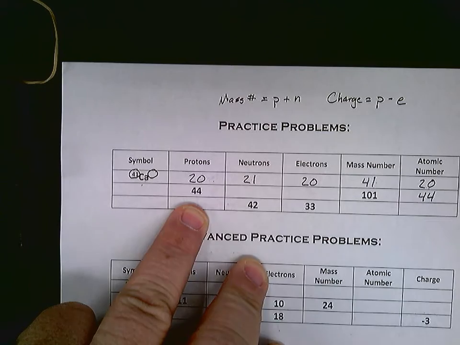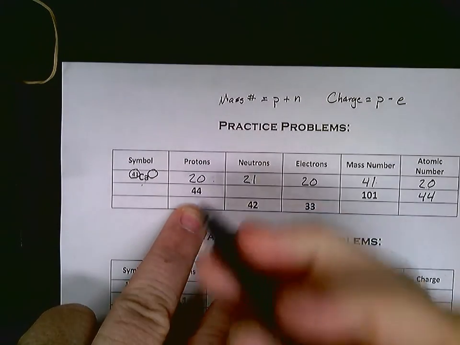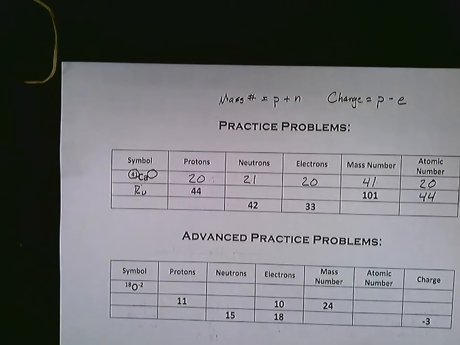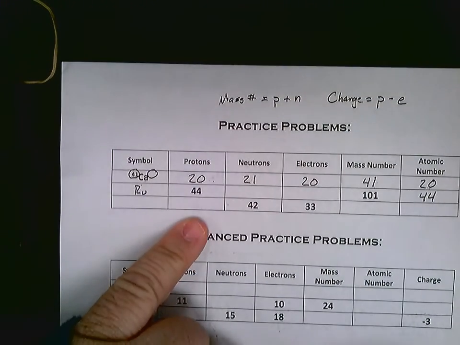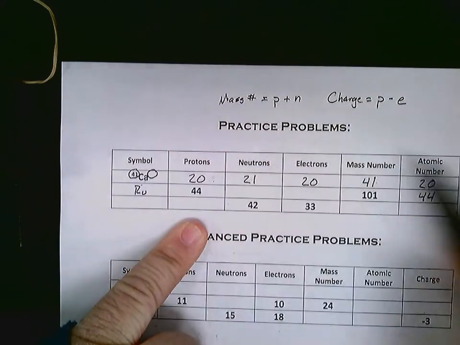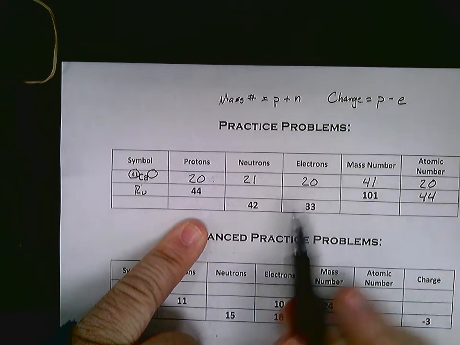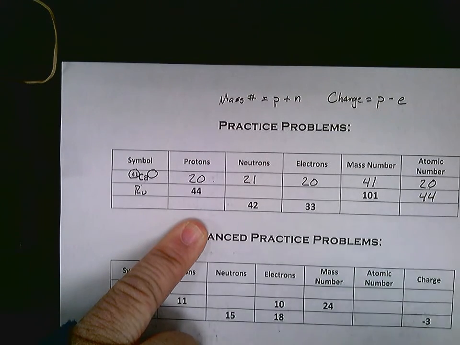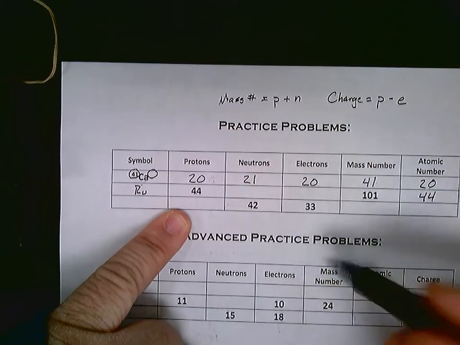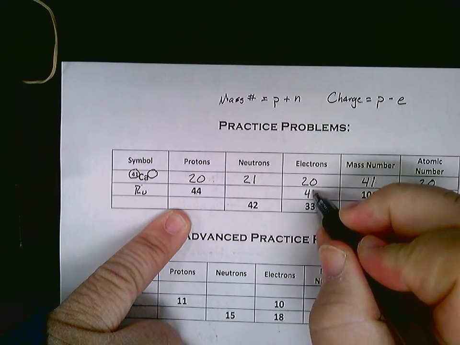Looking at our periodic table, we find that element number 44 is Ru. So that gives us our symbol, Ru, ruthenium. Since there is no charge listed, the charge is 0. So in this case, 44 is also our number of electrons.